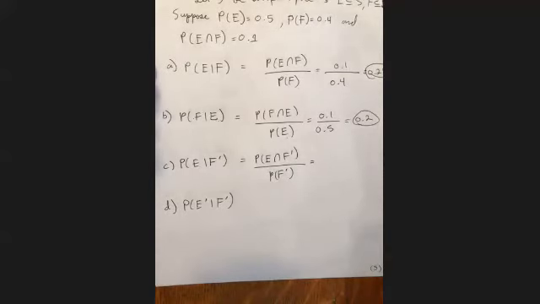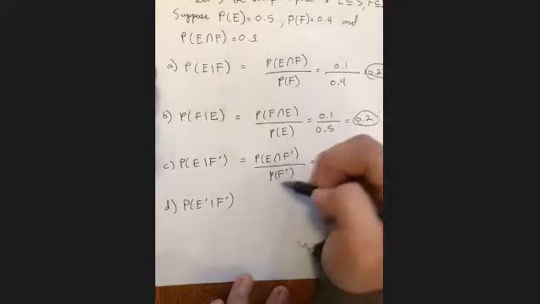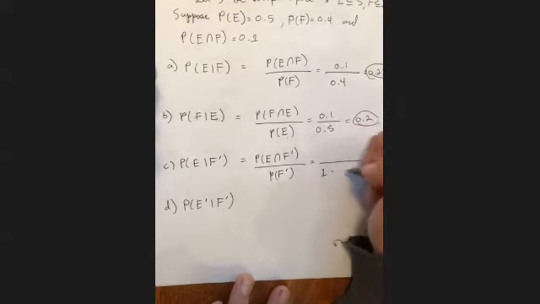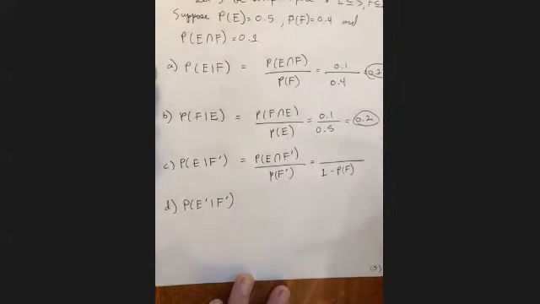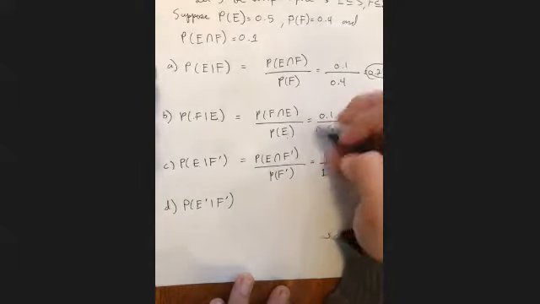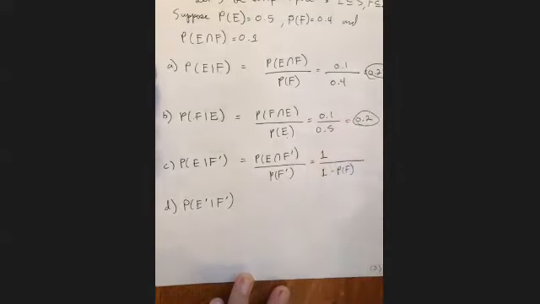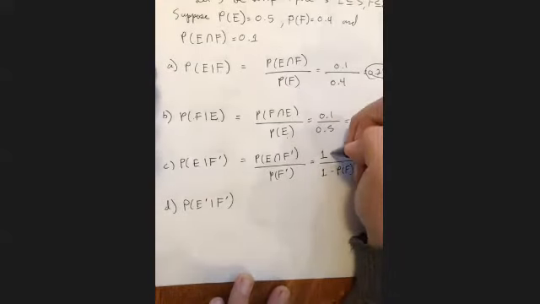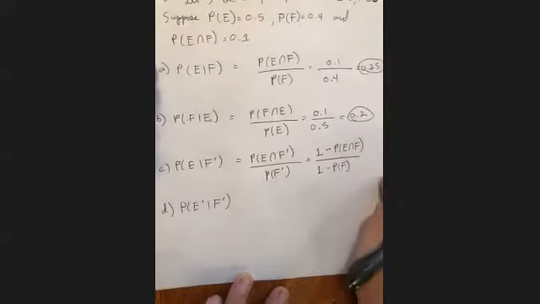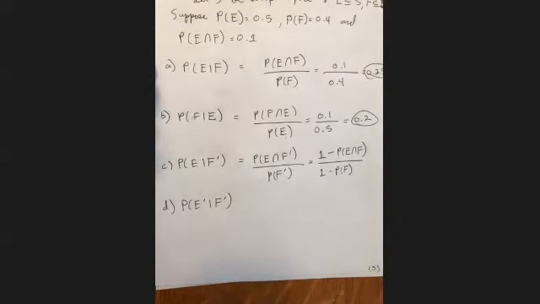Well, in both these cases, we can think about the complement rule. So it's easy to see how we'd use it down here. The probability of F complement is the same as 1 minus the probability of F. Here, the probability of E intersect F complement is the same as the probability of E minus the probability of E intersect F. So that one might not be as obvious to you.